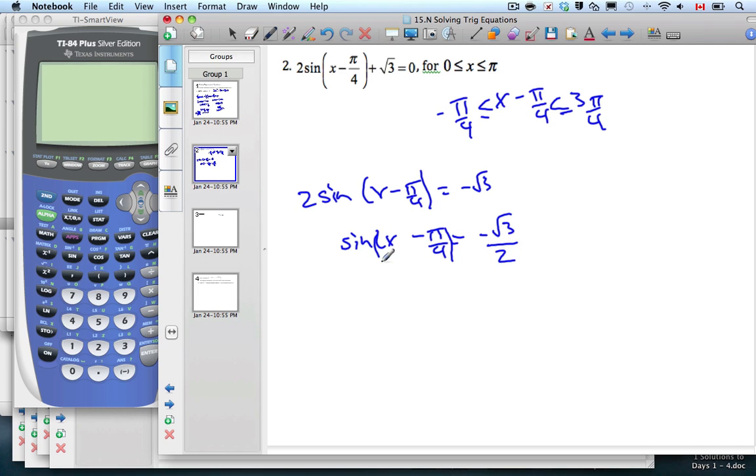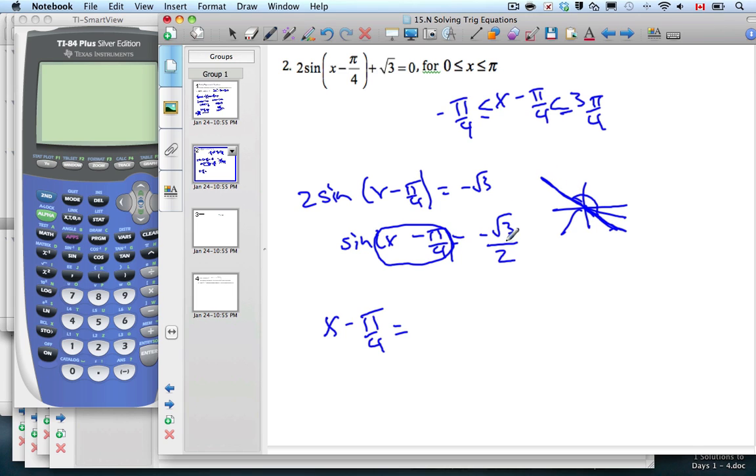Well, remember, this whole thing is my angle. So when I find my angles, x minus pi over 4, I think about my sine being negative in the third or the fourth quadrant. But I'm only looking at negative pi by 4, which is somewhere about here, all the way to 3 pi by 4 over here.